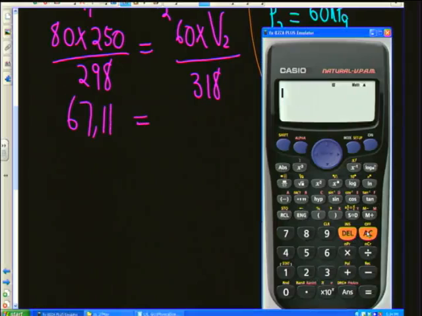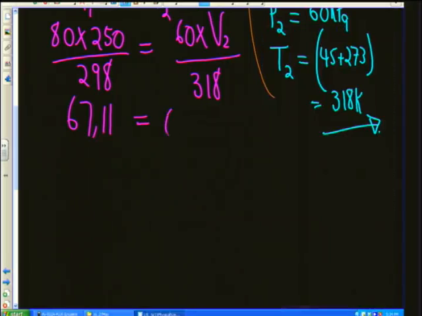And then this side, I've got 60 divided by 318. What do I get? I get 0.189.